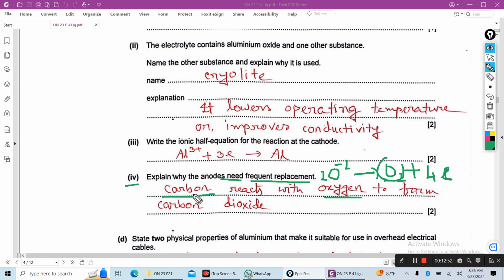That's why the anode is destroyed and needs to be replaced from time to time. So the answer will be carbon reacts with oxygen to produce carbon dioxide. Or you can write: at the anode oxygen is produced, and the oxygen burns away the anode to form carbon dioxide.